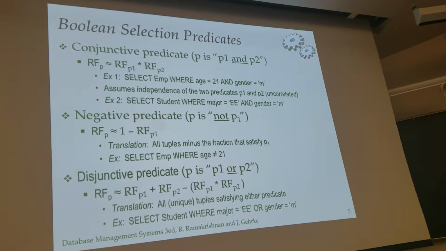And if you have a disjunction, an ORing together of predicates, and those do happen. In, by the way, is a disjunctive predicate. In set, computer science or electrical engineering, that's an or, even though it looks like an in. And what you do is, again, based on independence, you'll take the reduction factor of P1 and the reduction factor of P2, but subtract, because you've counted it twice, the probability of both happening.